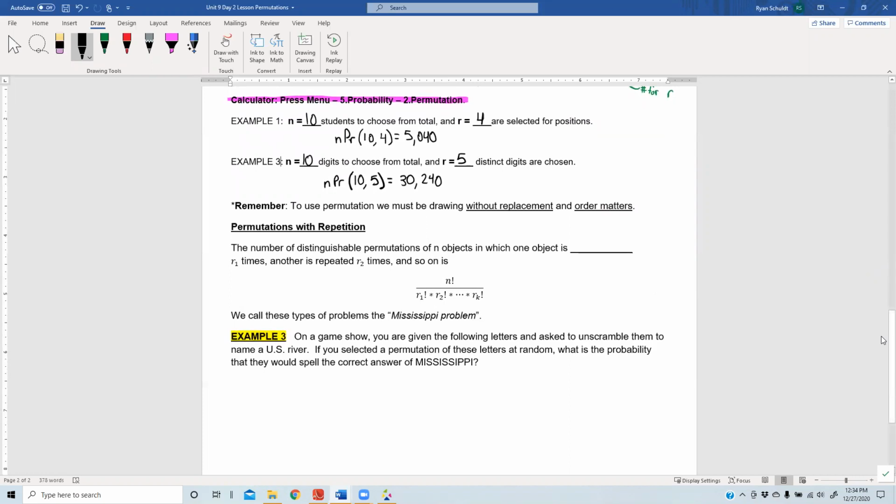So that's permutations where we don't have to deal with any sort of repeats. But that's not always reality. If we're drawing without replacement and order matters, we may run into cases where an object is repeated.